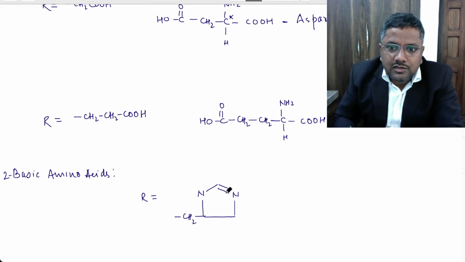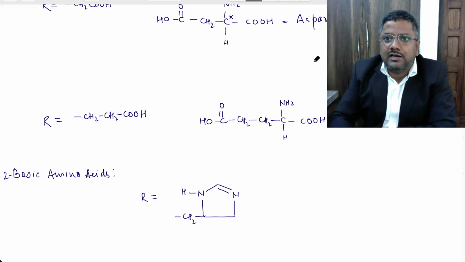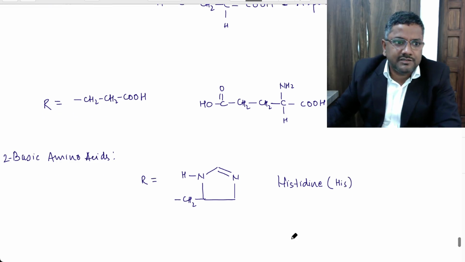CH2 and here H. So if R is equal to this, you have to add CHNH2COH here. This is the R. So this compound is known as what? Histidine, right? The 3-letter symbol is HIS.